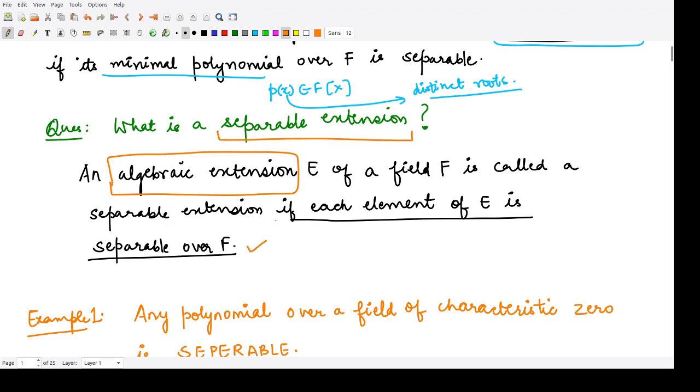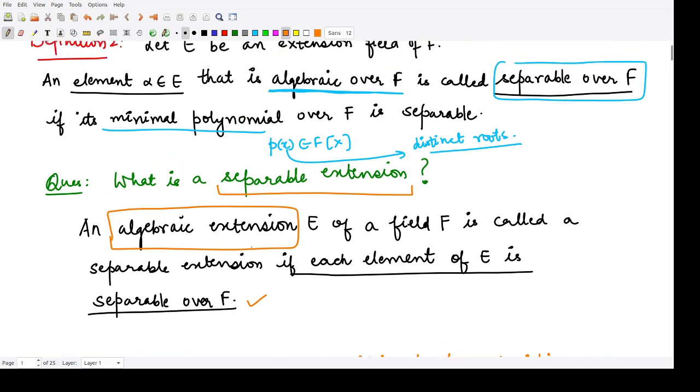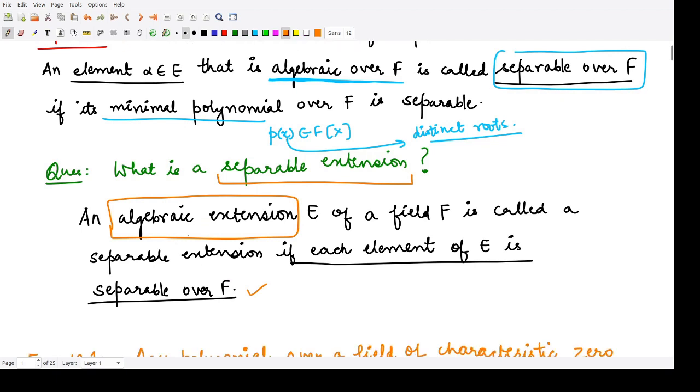That means every element first has to be algebraic over F, and then it is separable when the corresponding minimal polynomial is separable. That means it could be broken into distinct roots.